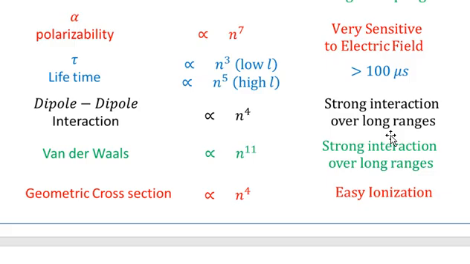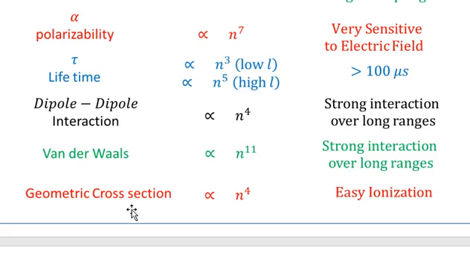Since the dipole-dipole interaction is very strong for the Rydberg atoms, it provides the possibility that you can interact with such Rydberg atoms remotely, that is, over long ranges. The van der Waals forces go as n to the power 11. So the interaction due to van der Waals forces is also much greater and can act over very long ranges.